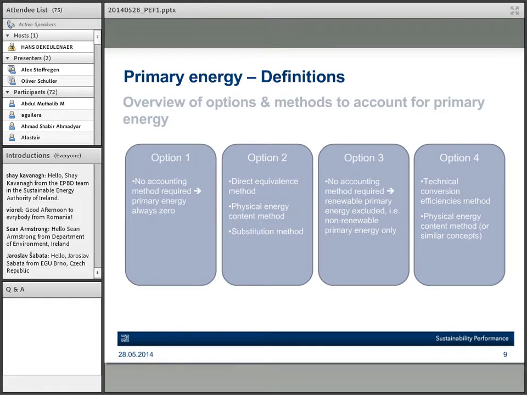Then for option 2, which is used in energy statistics, I have 3 different methods which are commonly used. I have the direct equivalence method, which is used by UN energy statistics. We have the physical energy content method, which is used by the International Energy Agency and by Eurostat and OECD statistics. We have the substitution method used by the US Energy Information Administration.